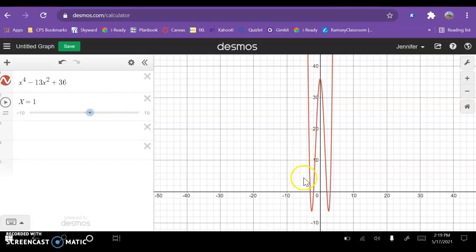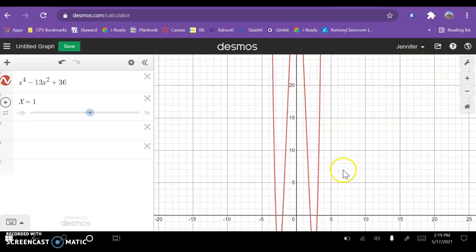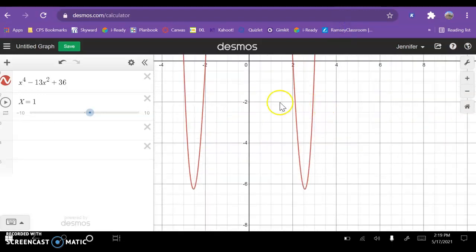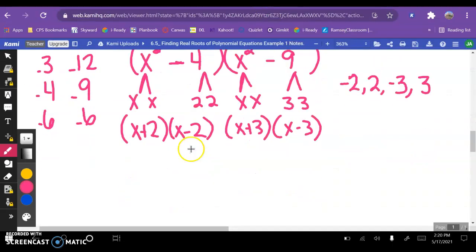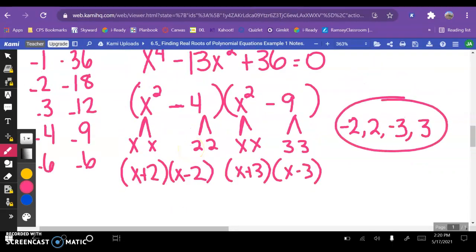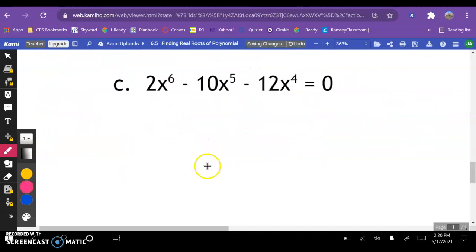So this graph turns out to look almost like a W. And if we zoom in, we can see at -2 and -3, and then +2 and +3, where they cross the x-axis. All right. So those are my 4 zeros.